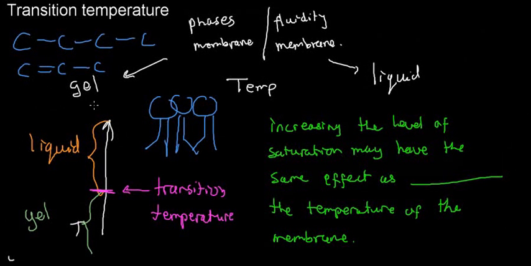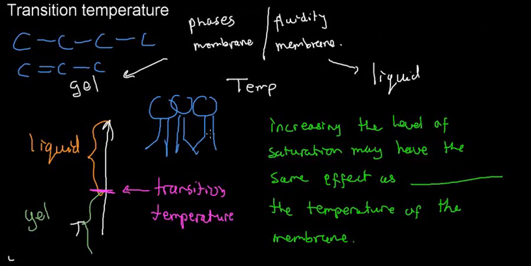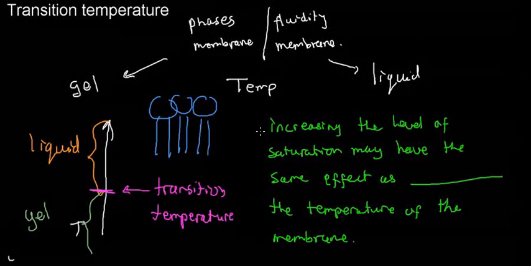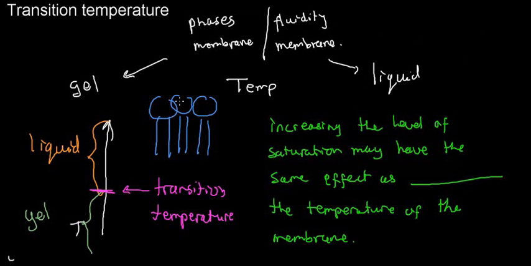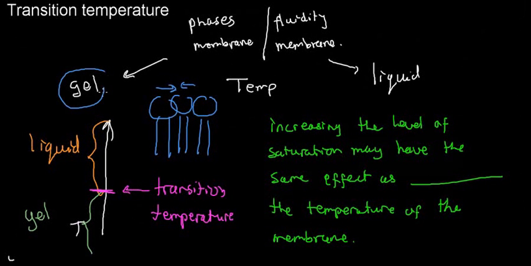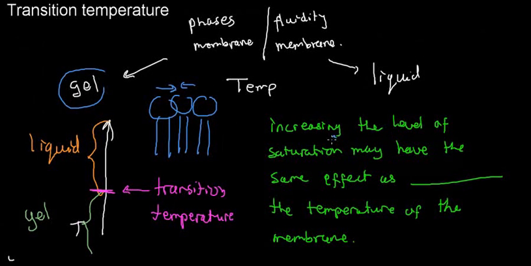So by increasing the saturation, effectively, I'm just increasing the number of single bonds. So I'm going to do just that. I'm going to make all of them single bonds. I'm increasing the level of saturation. I'm saturating my molecules. And this is going to cause stronger interactions and a gel phase, and a more gel phase. Okay, so increasing the level of saturation, let's just write here, and I do correct statements sometimes to make it easier on me.